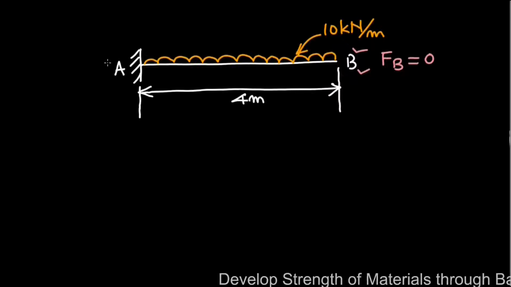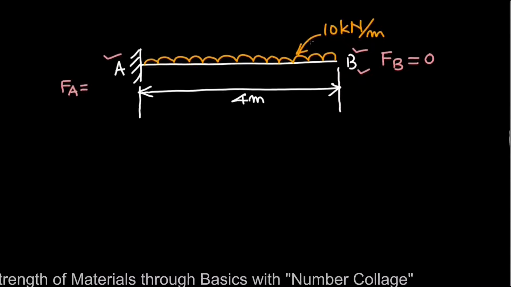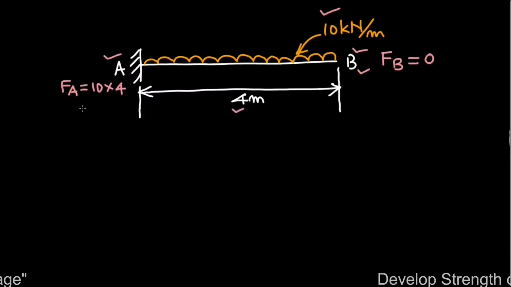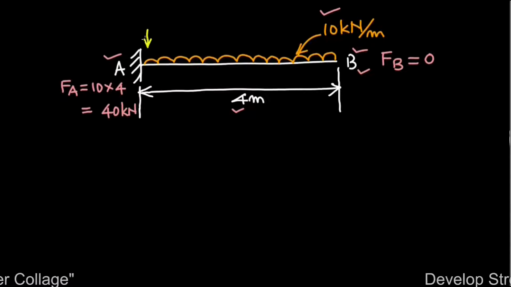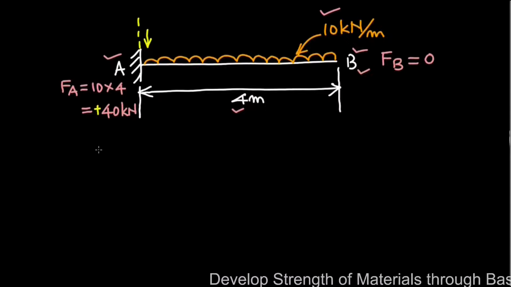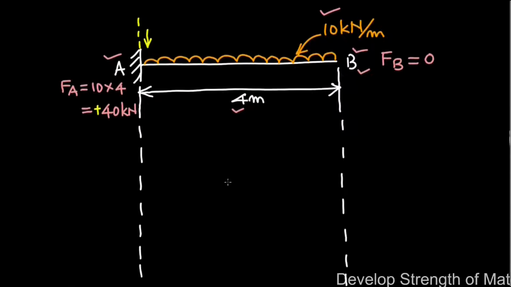Shear force at point A will be Fa, which will be equal to this 10 multiplied by the span 4, which will be 40 kilonewton, and it being a vertically downward force at section A, it will be plus 40 kilonewton. For shear force diagram, first we will draw a baseline.